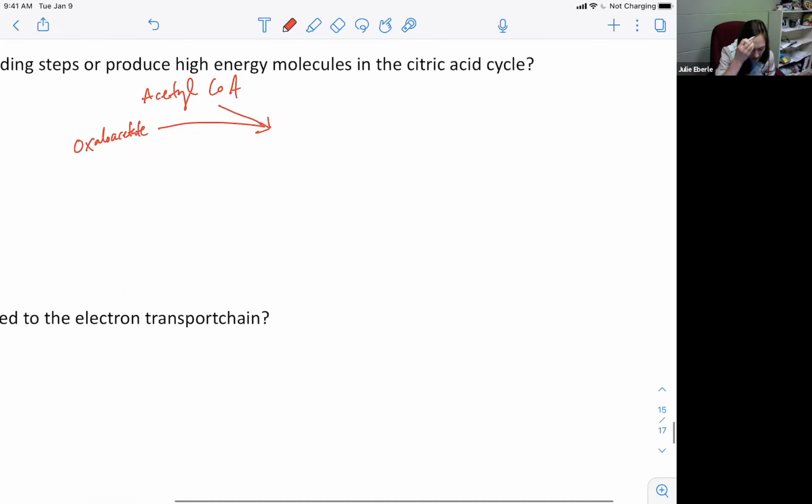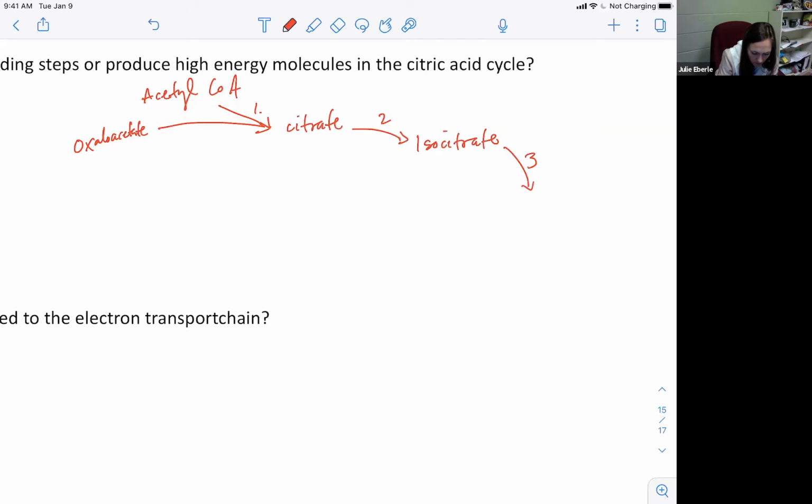They give us citrate. And then we isomerize to isocitrate. So this would be step 1. Step 2. Step 3, we get alpha ketoglutarate.